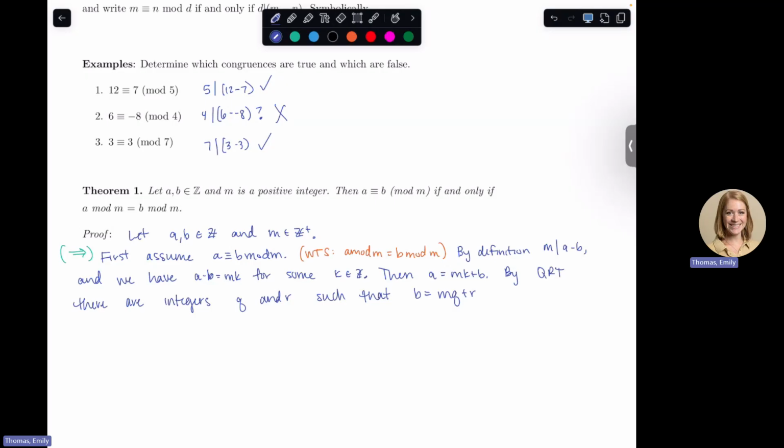And if it's not, then R will carry whatever that remainder is. It'll be Q times divisible by M, and R is going to be between 0 and M. So this means that B mod M is R, whatever R is.